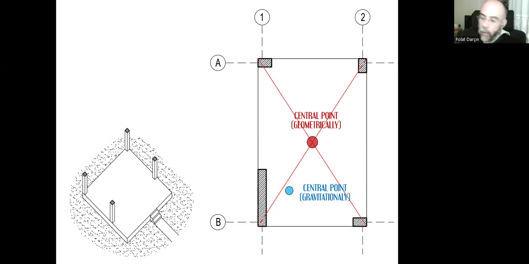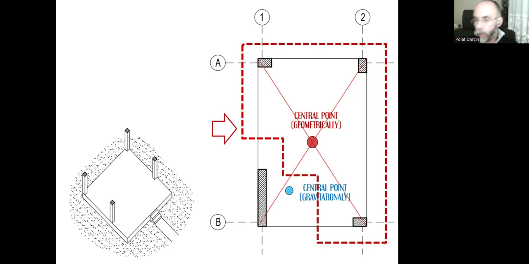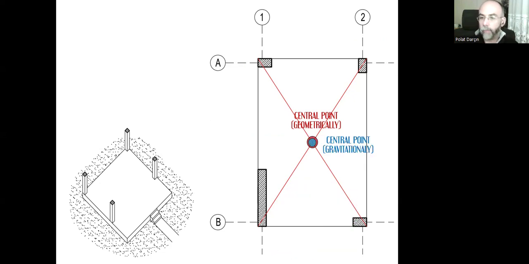It's closer to the heavy part of the building. They don't match. And during the earthquake, with the lateral force, the lighter part will want to move freely, but the heavier part needs to move slowly. It doesn't want to move, and it will break the beams, and it will end in the whole collapse of the building. So we need to find a solution.